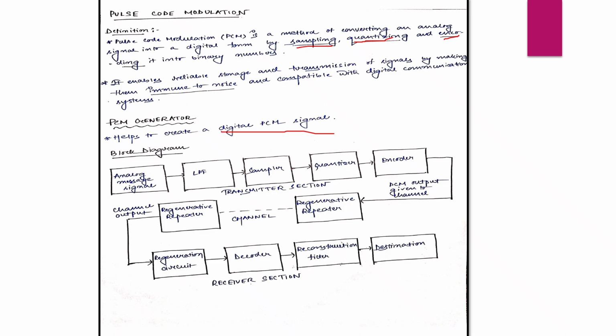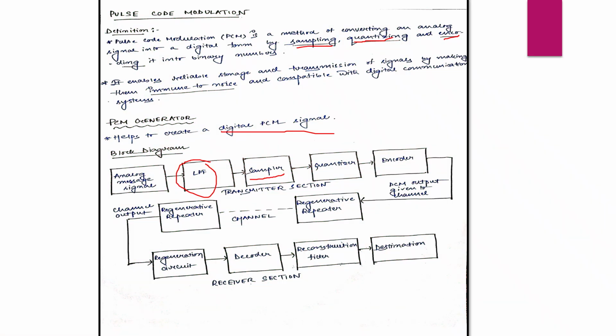Here the analog message signal first flows through the LPF, or low pass filter, to remove high frequency noise. Then the sampler takes the discrete samples of the signal. The sampler is used to discretize the continuous signal, that is, converting the continuous time signal to a discrete time signal.